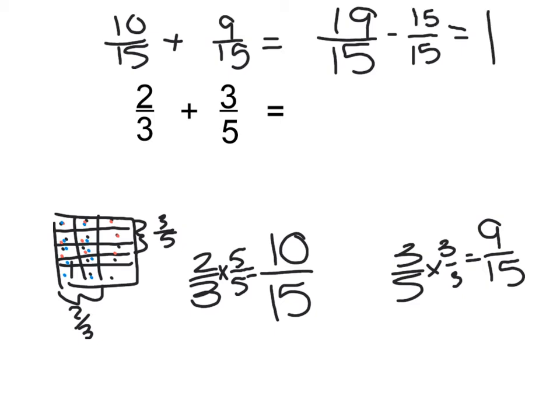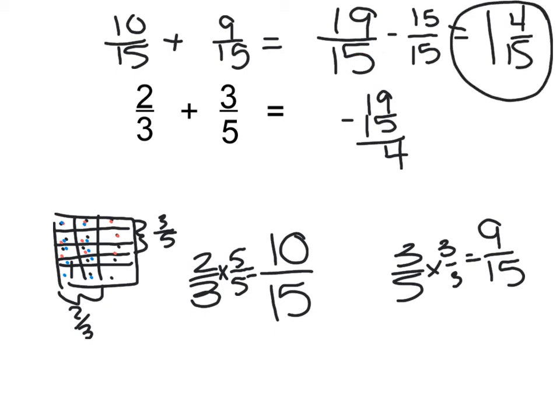That's one whole. So the answer is going to be 1, and whatever's left over, 19 minus 15 is 4. That's going to be my numerator over the original denominator of 15. So the answer is 1 and 4/15. So 2/3 plus 3/5 equals 1 and 4/15.